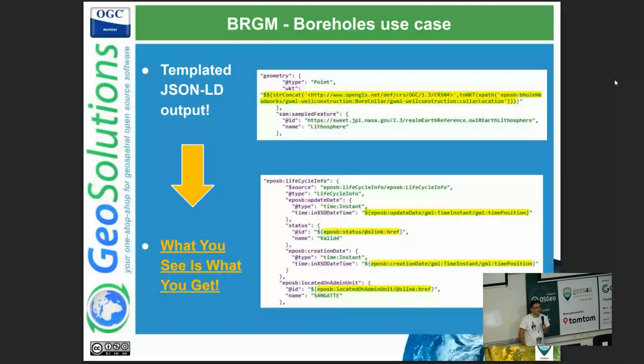In addition to that, they also want to do JSON-LD. And with the feature templating and smart data loader, we help them to achieve all various output formats without requiring a double degree in software engineering to do that.